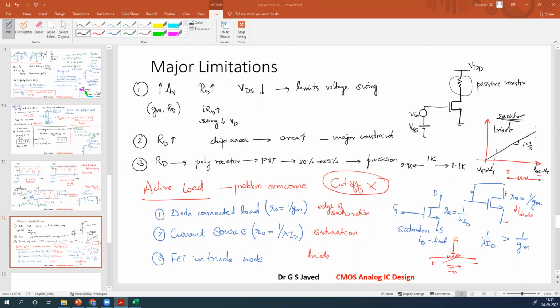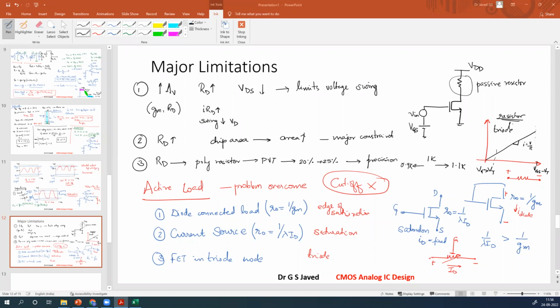Understood? So beyond VT, what happens? Beyond VT, the current exponentially increases, and we do not want an exponentially increased value there. That is why we can have both resistors and the diode connected load in the linear region. Now, what happens when you do it in the saturation region?